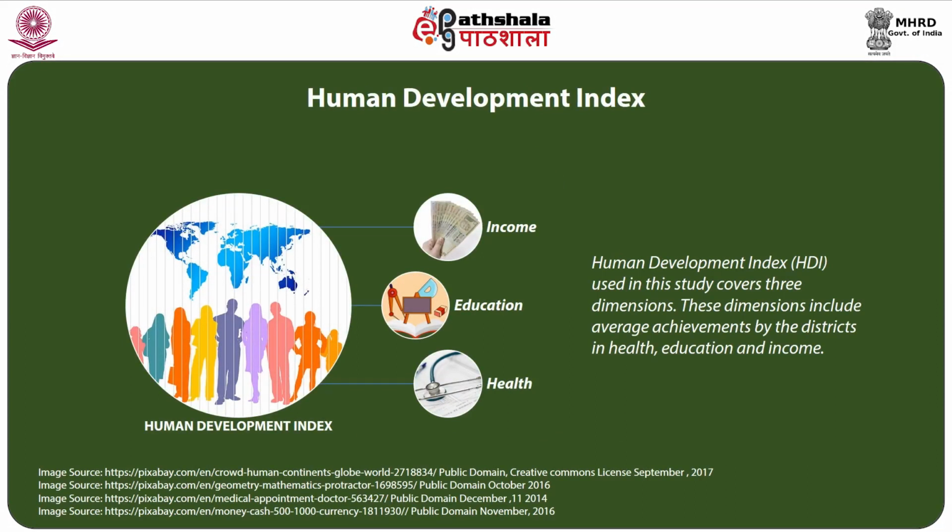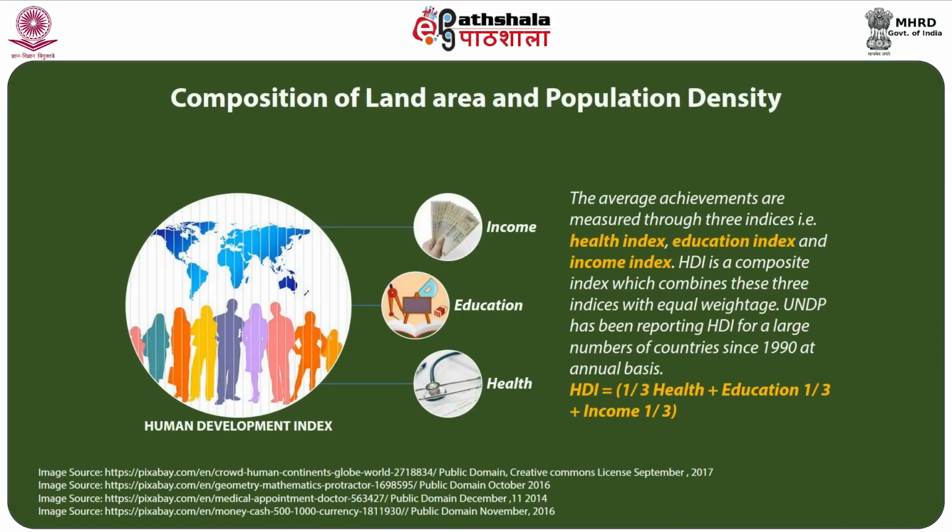Human Development Index. The Human Development Index covers three dimensions. These dimensions include average achievements in health, education, and income. The average achievements are measured through three indices: health index, education index, and income index.